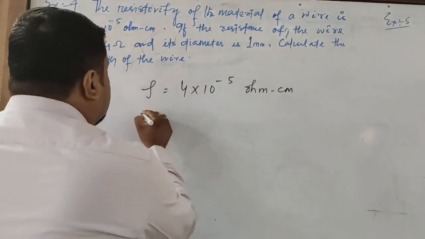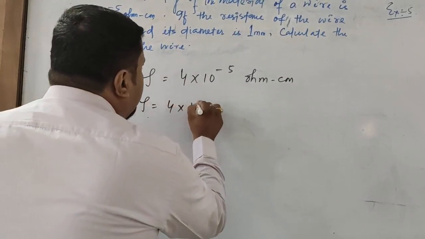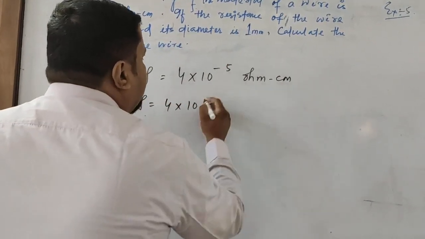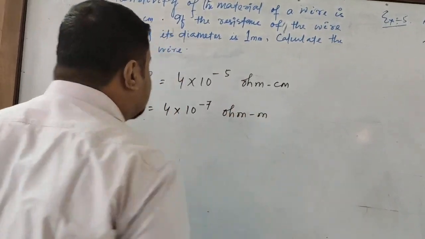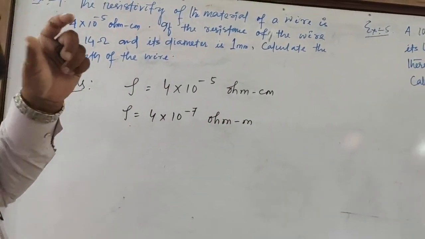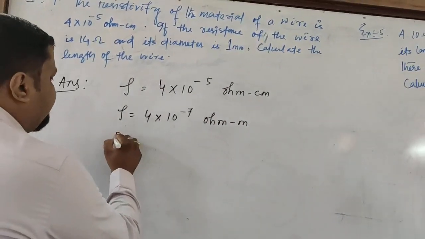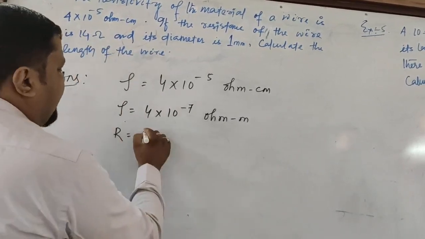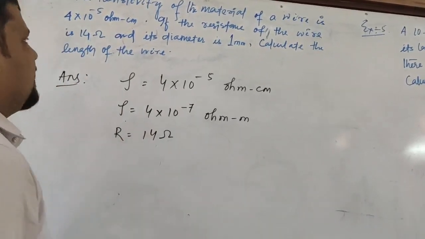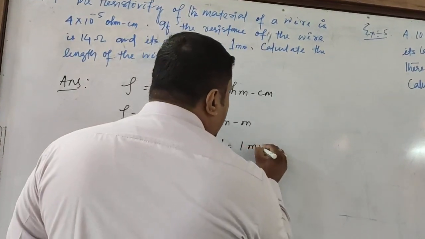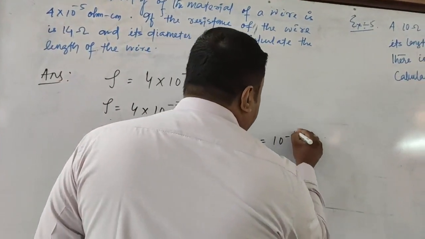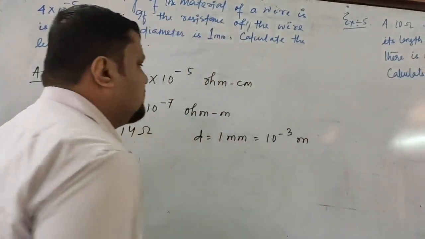Let me make this ohm meter: 4 × 10^-5 ohm cm × 10^-2, which is 4 × 10^-7 ohm meter. That is given. The resistance of the wire is R = 14 ohm, and its diameter is D = 1 millimeter, meaning 10^-3 meter.